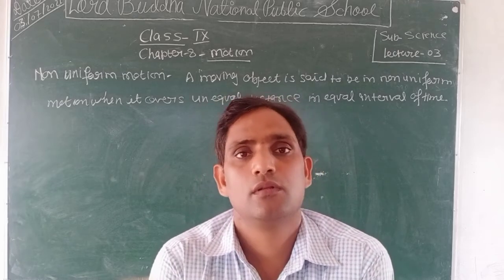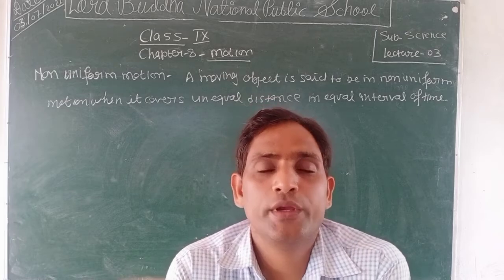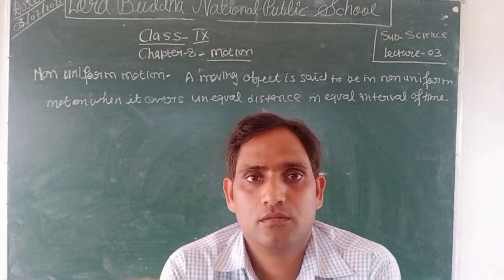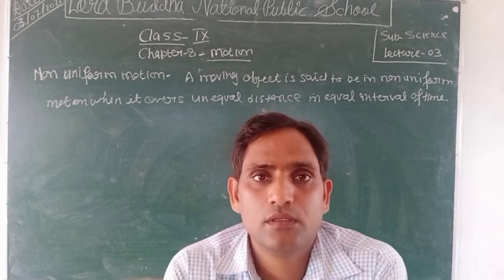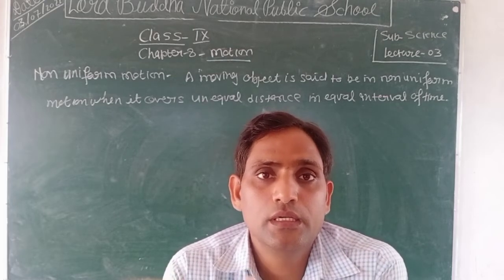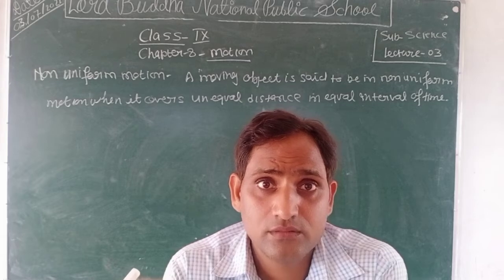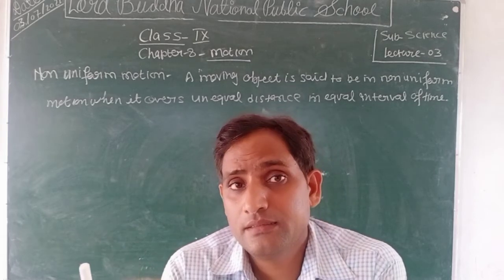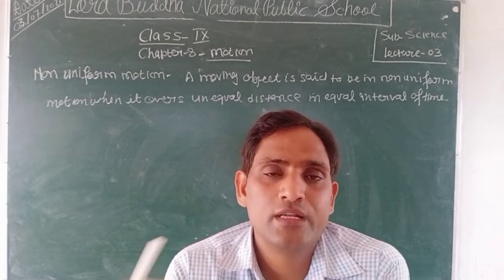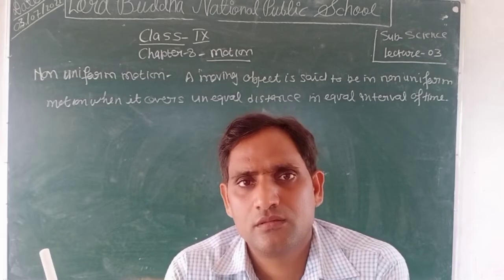For example, if a person is going on the road, in first second he walks 5 meter, in the next second he walks 7 meter, in next second he walks 8 meter, in next second he walks 10 meter, in next second he walks 2 meters.